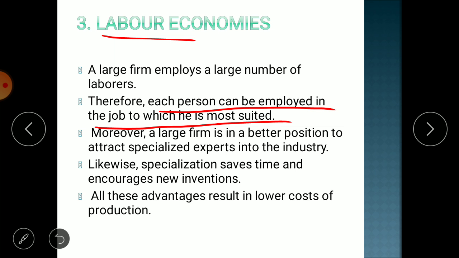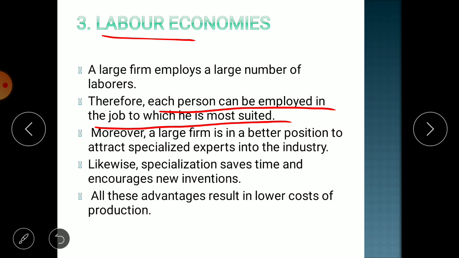So what happens with the large firm is that they have more laborers, and we will employ each one in the post for which they are suited the best. If they are suited the best, then they will work efficiently and our cost of production is reduced. Likewise, specialization saves time and encourages new inventions.